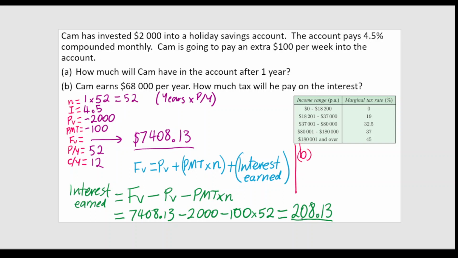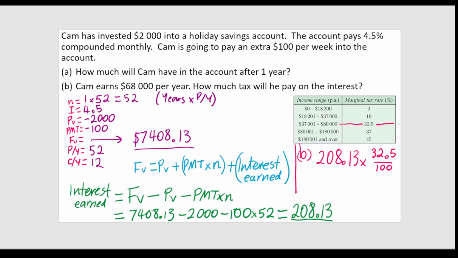So we need to think about, first of all, which tax bracket is Cam in? He's earning $68,000 a year. So any extra income that he earns is going to be taxed at the rate of 32.5%. So what we need to do here is we need to multiply his interest, because that's all he's going to get extra tax on. We need to multiply that by either 32.5 over 100, because that's like a percentage as a decimal.